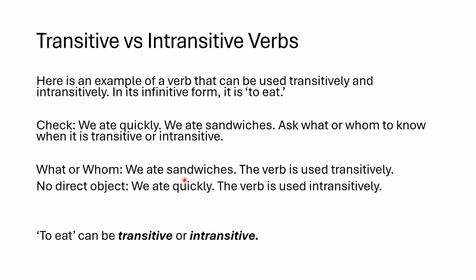We ate sandwiches. What? Sandwiches. The verb is used transitively. We ate quickly. Can we ask what or whom? No. The verb is used intransitively. To eat can be transitive or intransitive.